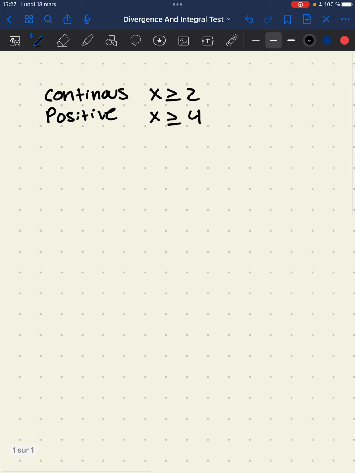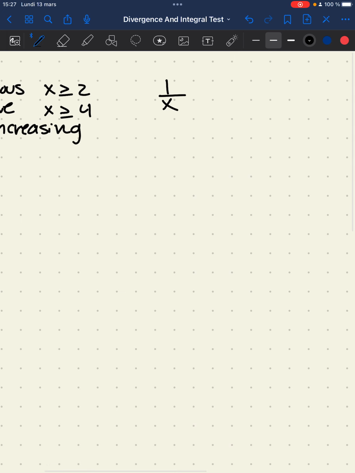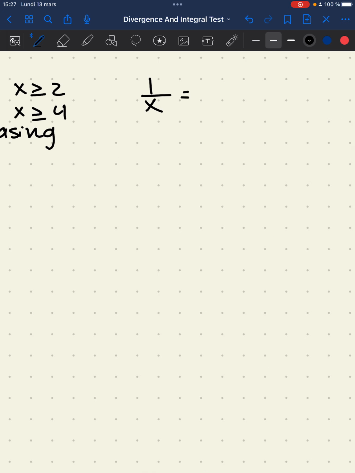And the last one is that the function you use has to be non-increasing for the interval you choose. For example, you could choose something like 1 over x. Now this would be non-increasing because if you put in 1 over 1, let's say you start at 1, then that'd be 1. 1 over 2 is equal to 0.5.